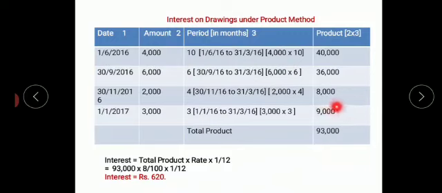So I will write interest is equal to product into rate into 1/12. So 93,000 into 8/100 into 1/12 gives me how much? 620. The amount of interest to be paid is 620 rupees.